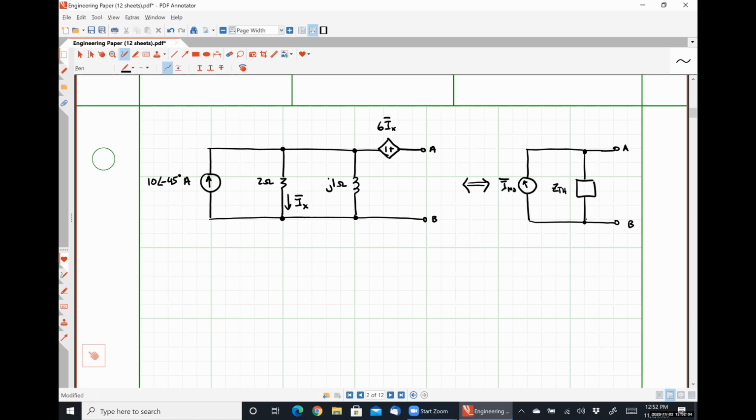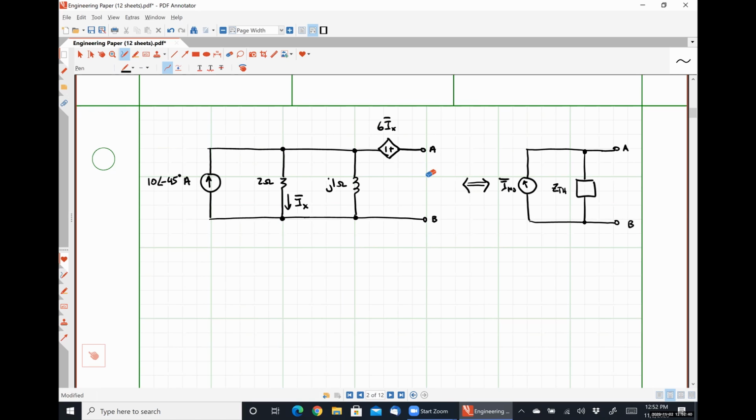If I were trying to find the Thevenin voltage, meaning that my terminals A and B were open circuited, I could apply current division and find IX. However, if I were trying to find I Norton, this set of terminals would be short circuited and I could no longer apply current division, because I can't say that none of the current is going to split off and flow through that dependent source. So that's why I'm hesitant to say yes or no.